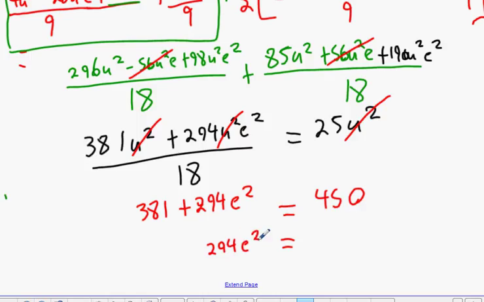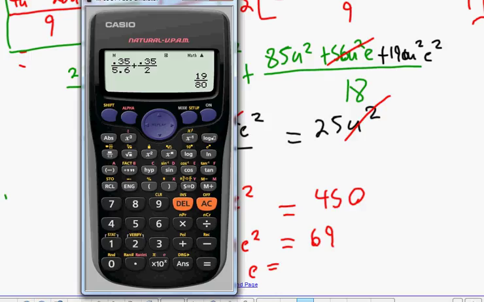Is it? Okay. Fair enough. And what's 69 divided by 294? Is that 0.23469? Just 69 over 294.